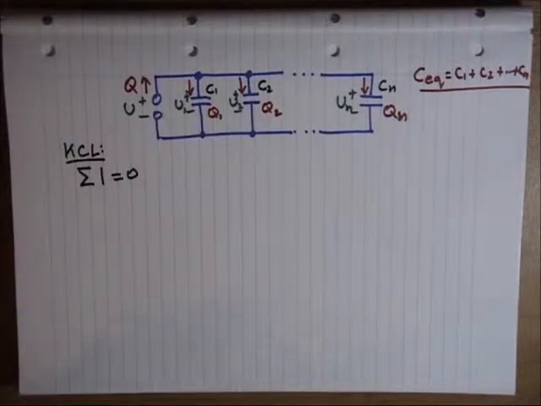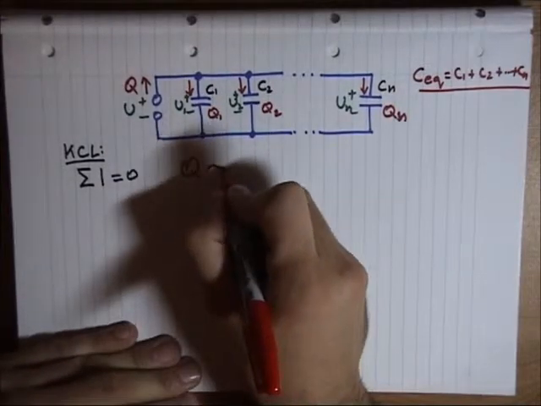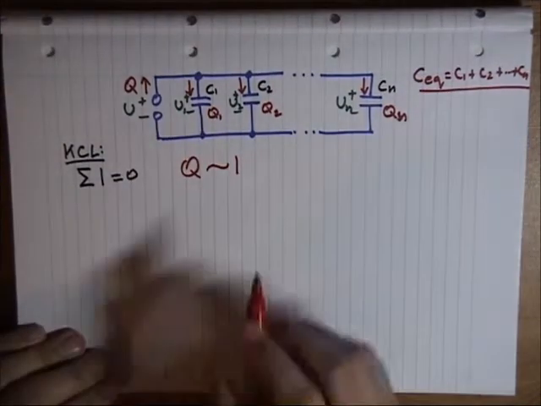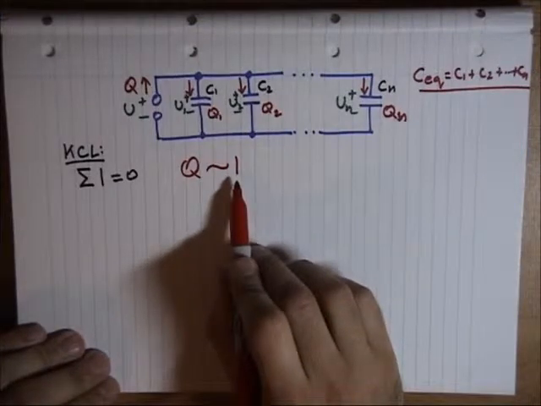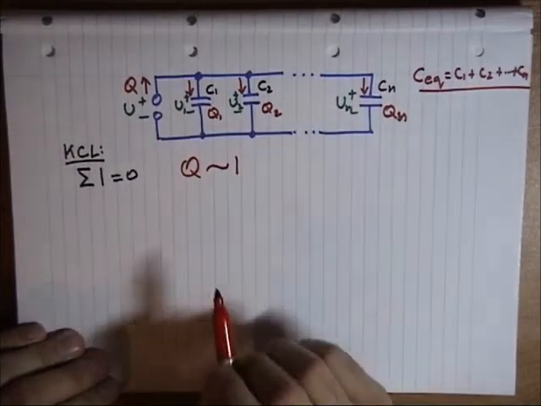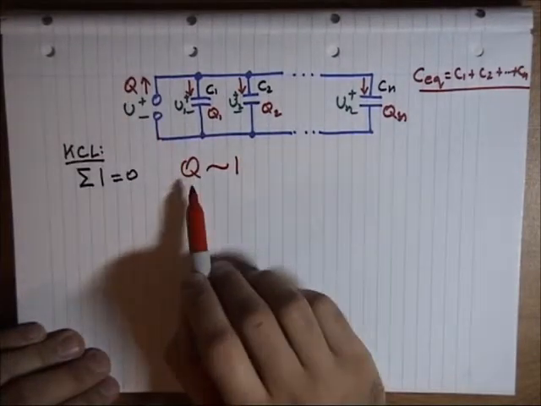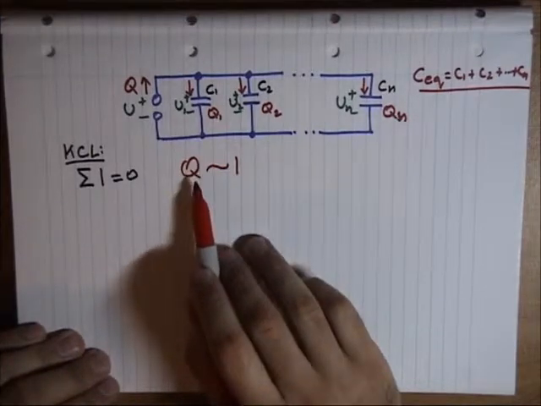Well, charges Q are proportional to currents. Essentially, current is the charge flow throughout the circuit. So the charge has the same properties as current.